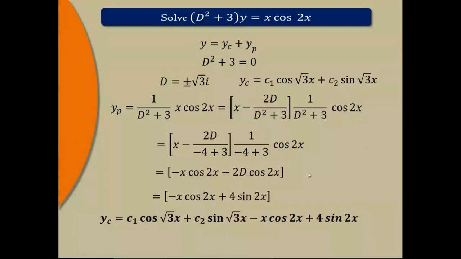So in the shortcut method, we saw the formulas for e raised to ax, sin or cos ax plus b, x raised to m, then e raised to x into v and x into v. Then using the proper formulas for the corresponding function, we can get the YP part, that is the particular integral, in the shortcut method. So that was the second method to find a particular integral.